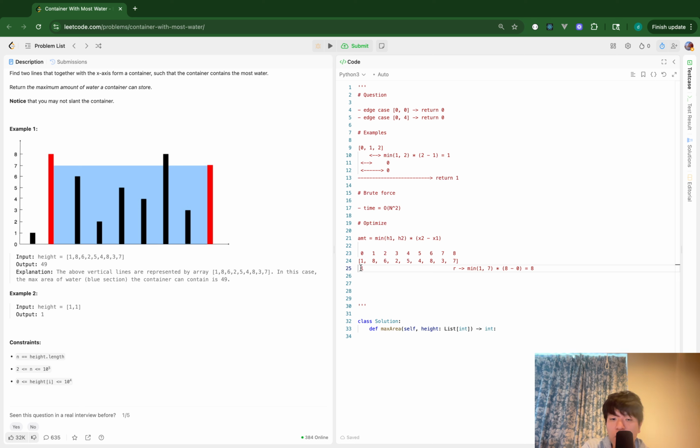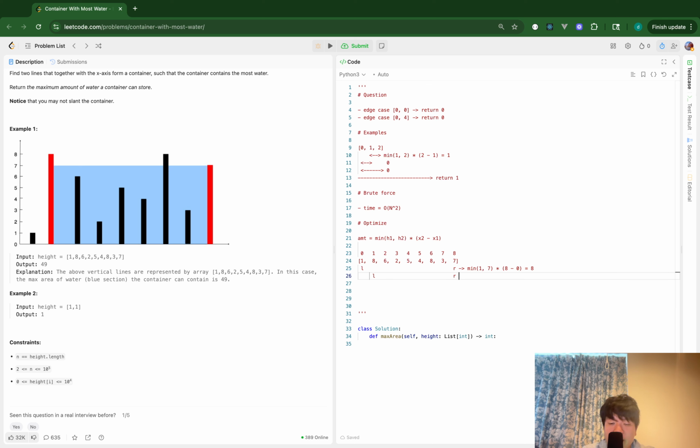And when I think of other pairs of bars, the distance between two bars is always smaller than this. But if I move, say, the left pointer, what happens is that the height becomes higher.